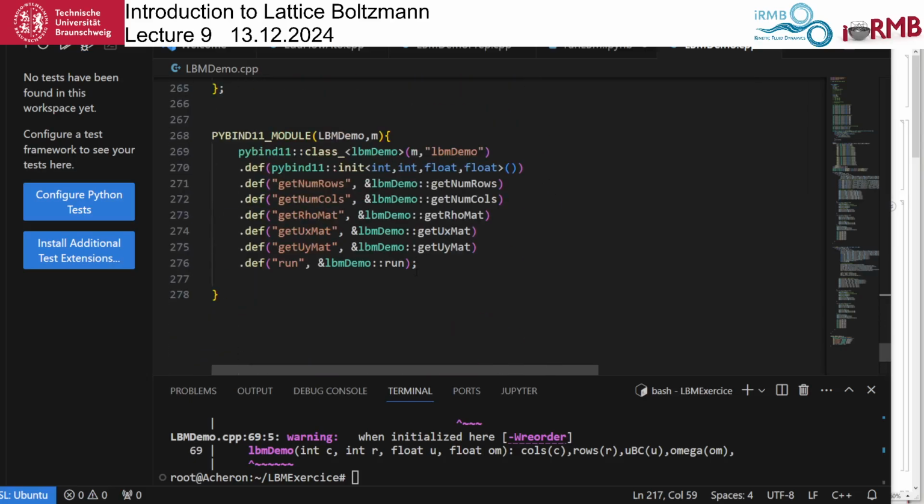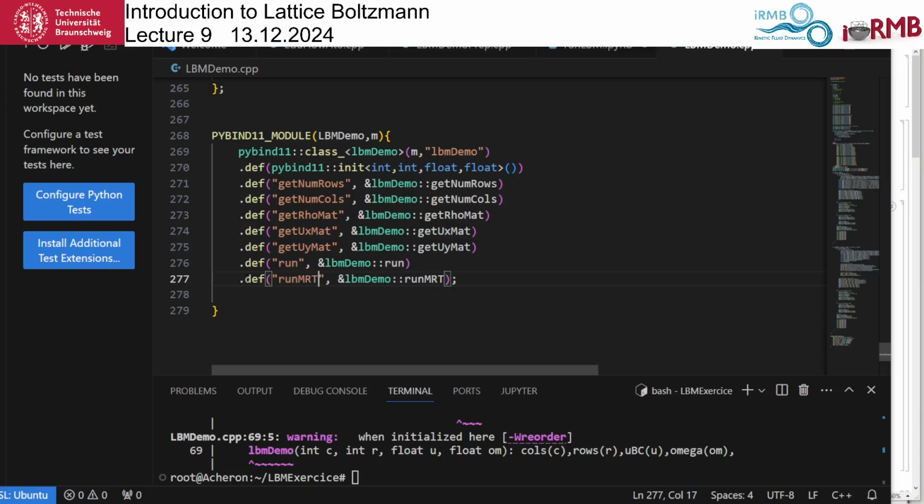The only thing that we have to do now is to put this to our Python bindings interface as run MRT. Why didn't I copy this? I'm so stupid. Let's just copy this and run MRT, and here again run MRT.